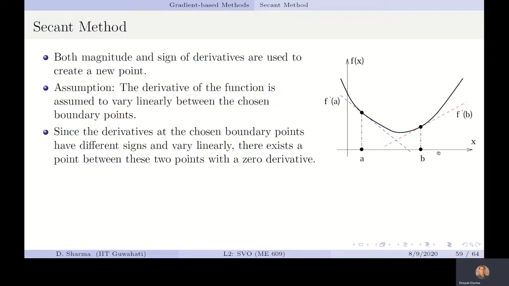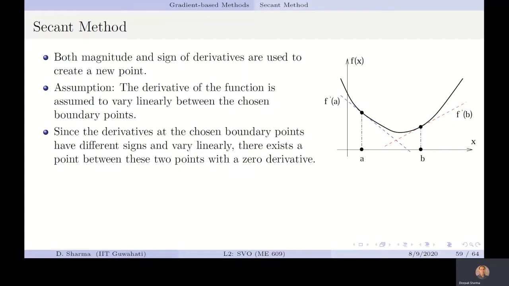Now let's look at the figure here. In the figure, we have identified two points, A and B. Now what you can see, the blue line is one derivative, so basically the slope at A, and the red line is the other slope on the curve at point B. Now this method is based on the assumption that, for example, let me take this blue line. If I keep on moving this point A toward B, since the value of x will be changing, this derivative will also be changing with the value of x.